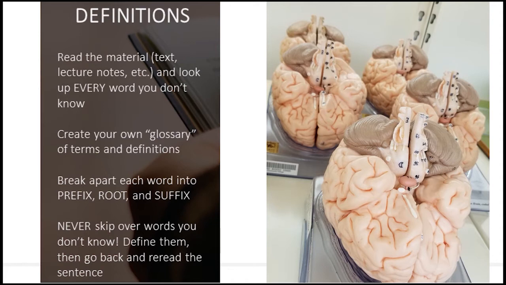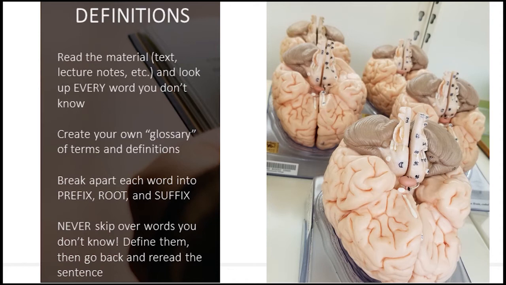So the next time you read past that word, if you can't remember what it is, you'll know exactly where it's at. So you won't have to Google it every time. Now when you look up the words, you want to break apart each word, especially in anatomy terms. You want to break apart the word into the prefix, root, and the suffix.